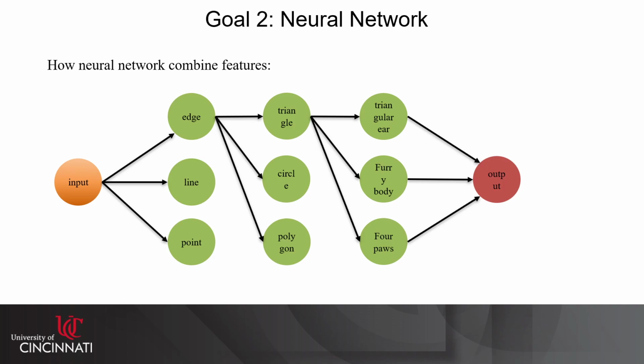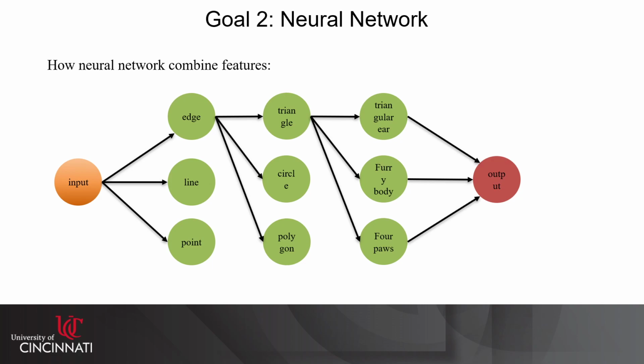Now the triangular ear neuron will look at, okay, there's a triangle and there's a circle, and this triangle looks like an ear, but that triangle doesn't look like an ear. So I will say this is the ear, and this is not an ear. So the triangular neuron really finds the ears based on the information provided by the previous layer.